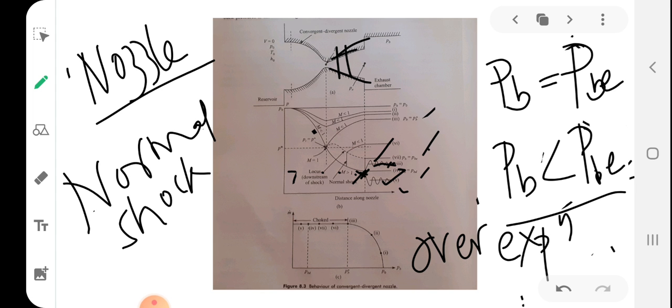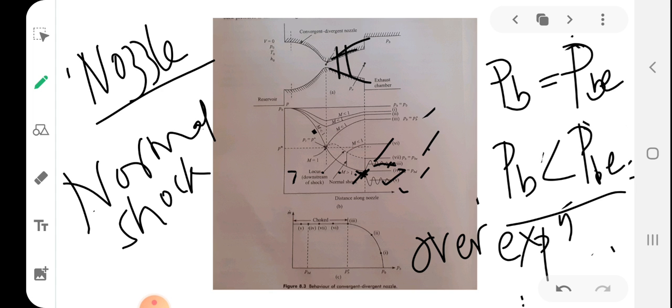So hope you have understood the theory of the physical situation that is happening in a nozzle when the back pressure is varied in a convergent divergent nozzle.